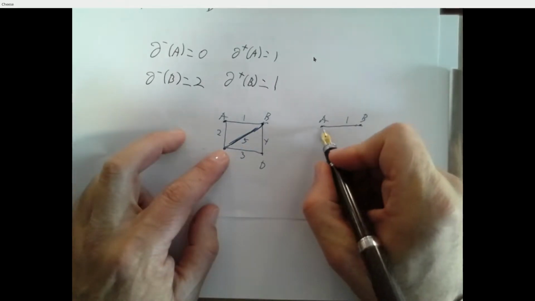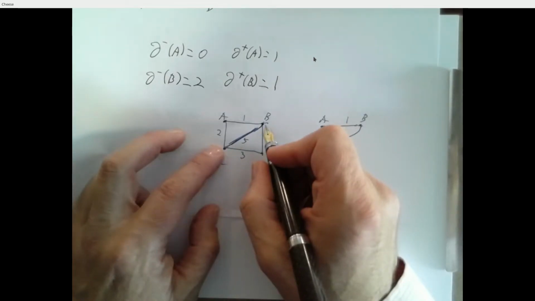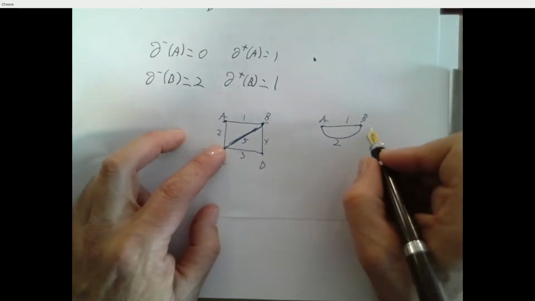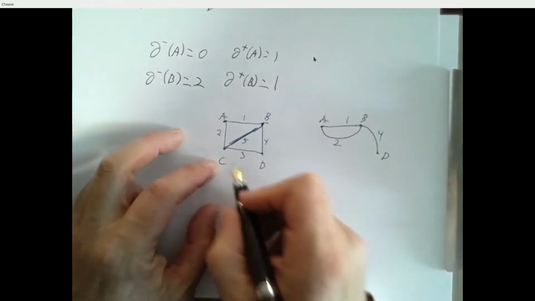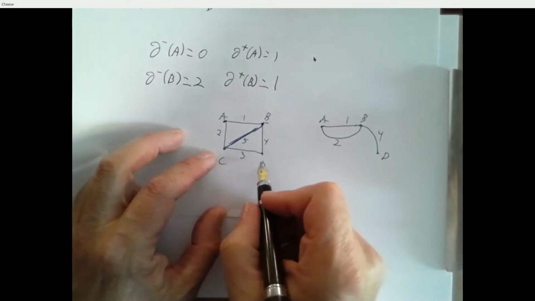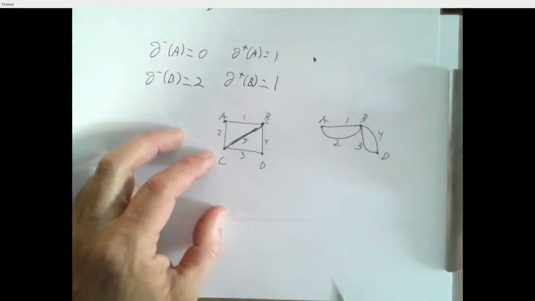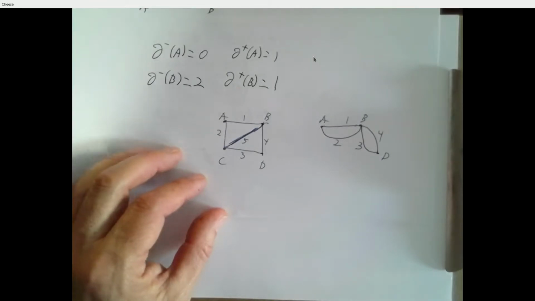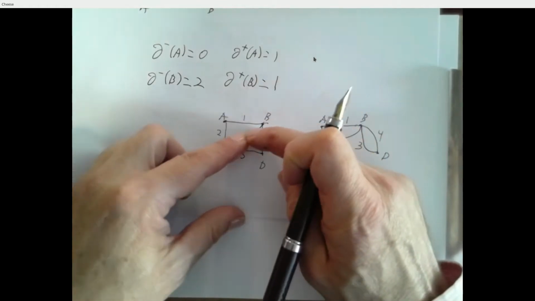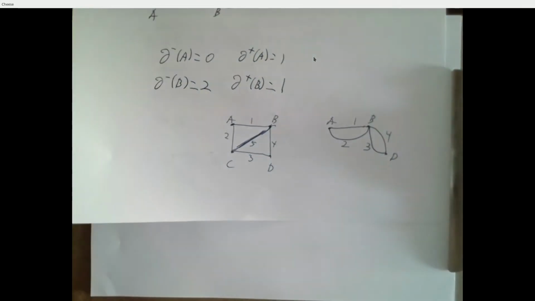So now edge 2 connects A to B, and edge 4 connects B to D, and edge 3, which was connecting C to D, is connecting B to D. So there's edge 3. So that's the result of contracting edge 5. And you can kind of see it, right? I mean, we basically took these two things and squished them up together, and that's what we ended up with.